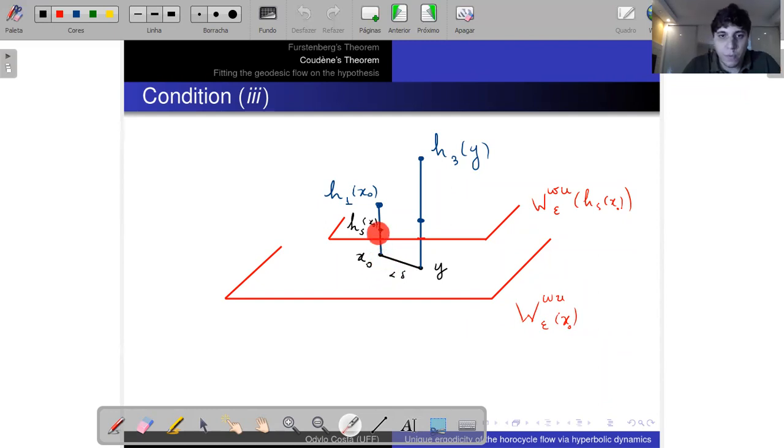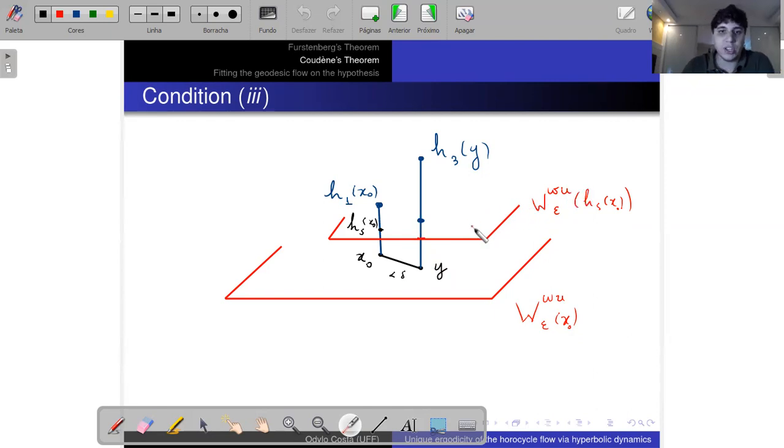You iterate x0 under the flow h for small time, say s smaller than 1, and look at the set of points that remain epsilon close to the point h_s of x0. Then the iteration of the flow h beginning at the point y must intersect this set in exactly one point.